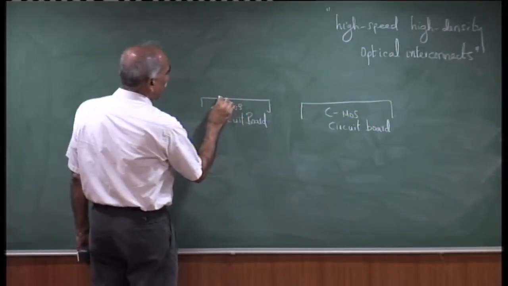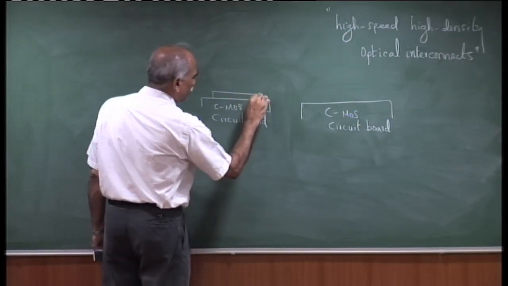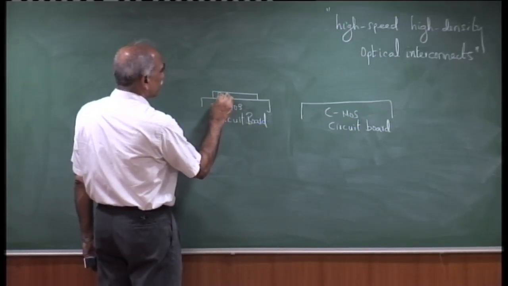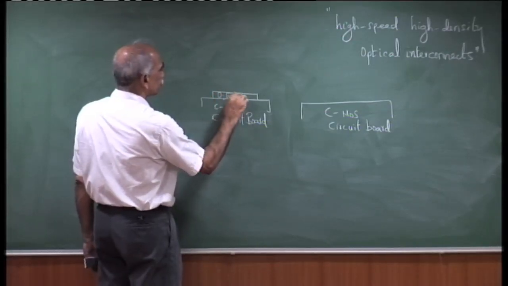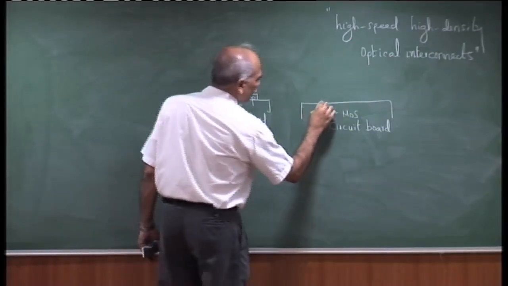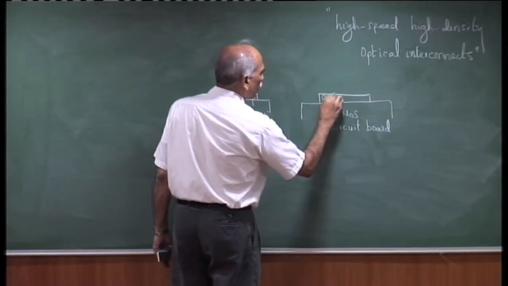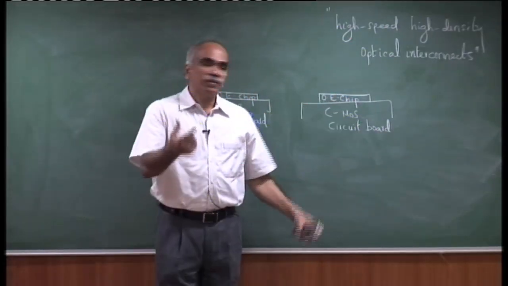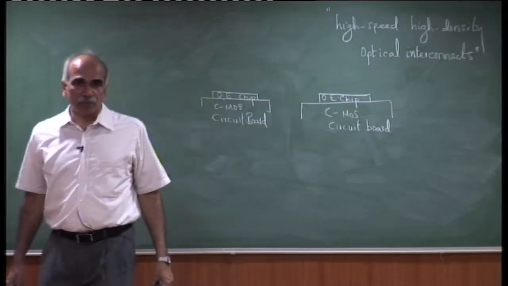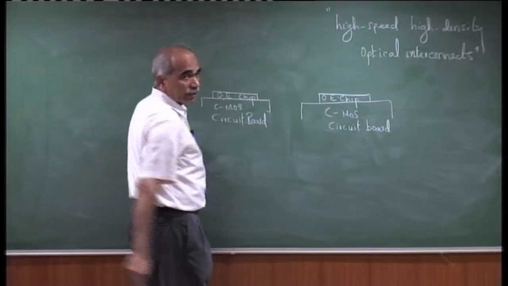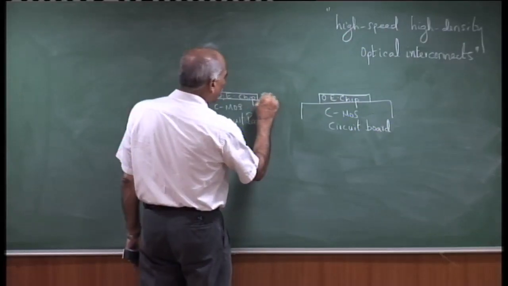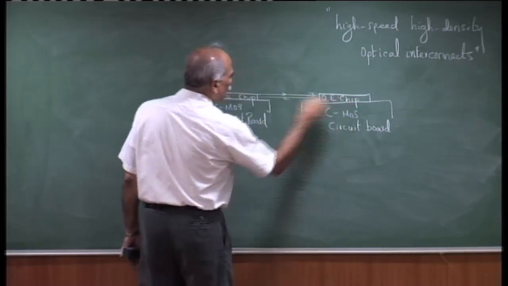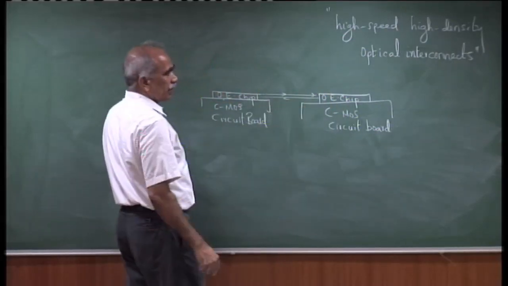interconnects, where you have an optoelectronic chip. The electronic circuit board is connected to an optoelectronic chip, an OE chip, and there is an OE chip here. What is this OE chip? An OE chip contains optoelectronic components such as laser diodes and photodetectors, and you can have high speed communication between these two OE chips in the optical domain.